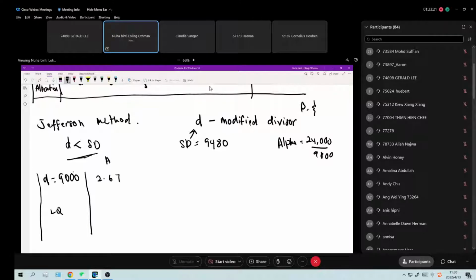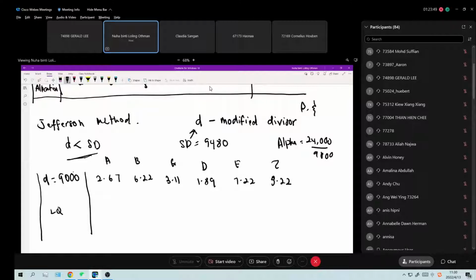This is alpha. This is beta. Beta is 6.22. Gamma is 3.11. And then delta is 1.89. Epsilon is 7.22. And then zeta is 5.22.